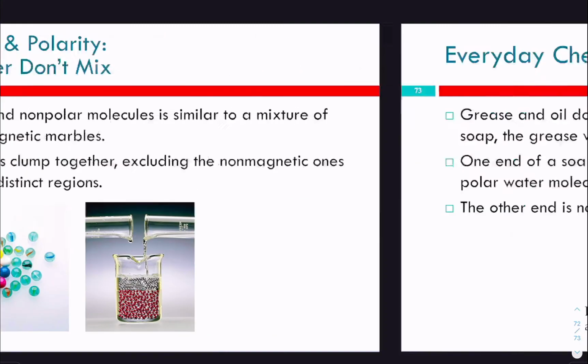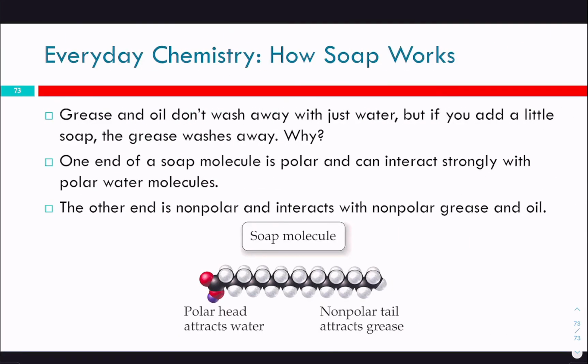And this is why we have dish soap, because dish soap is both polar and nonpolar. So when you put soap on something, the nonpolar tail sticks to the grease, and then the polar end gets carried away by the water, taking the grease with it.